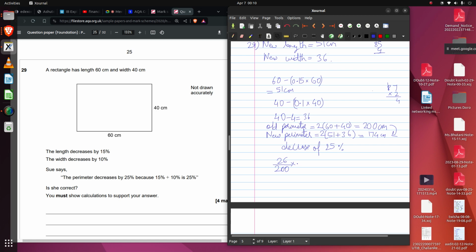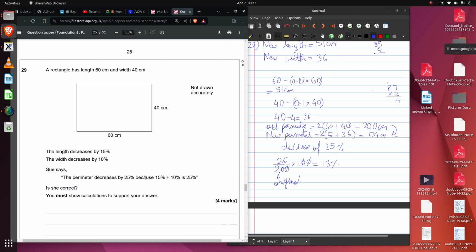Change upon the old value, the original value, and multiply by 100. That's it. 13. So that's why he is wrong. He, she, whoever.